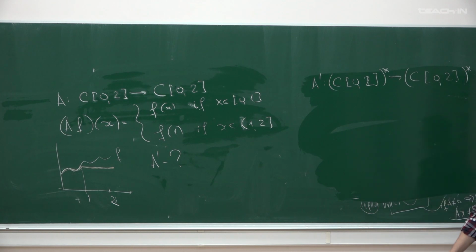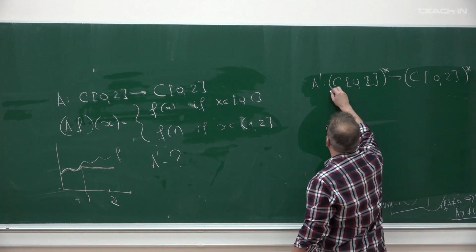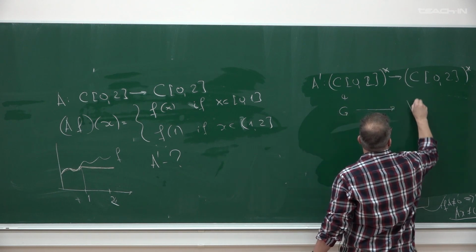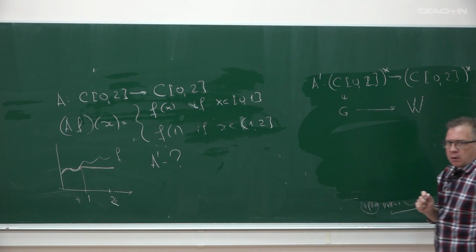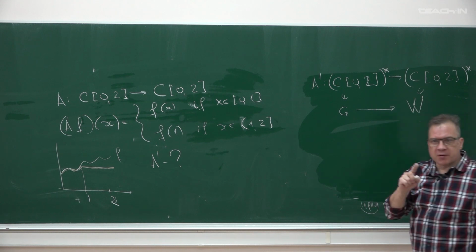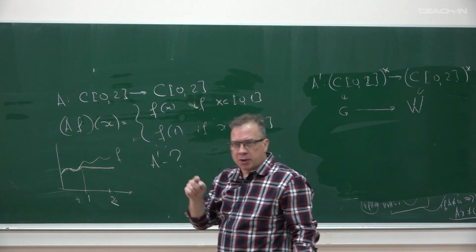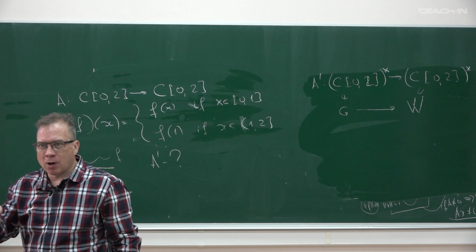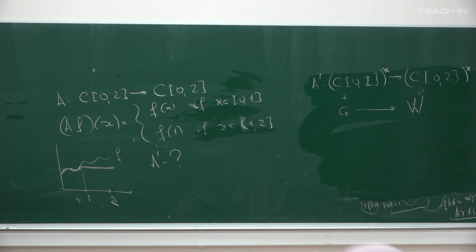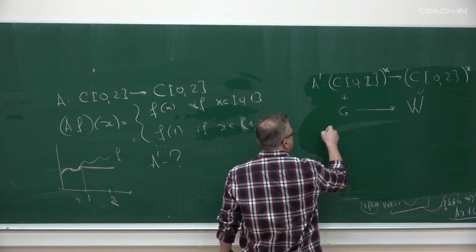For example, if we take an element G capital, we obtain W capital from this. These are functionals. But by the Riesz theorem on the description of functionals on continuous functions, they correspond to functions of bounded variation. We know how these functionals act.